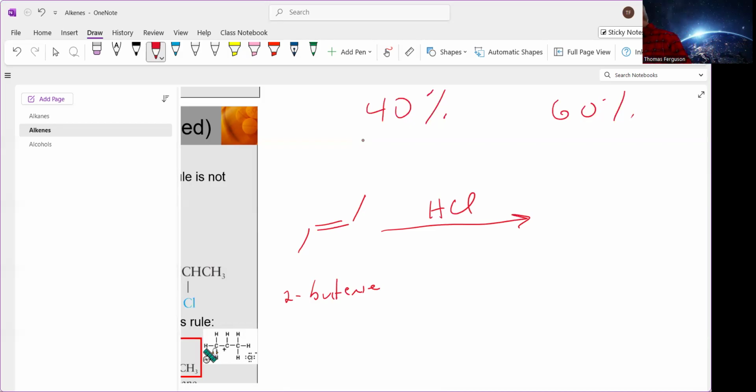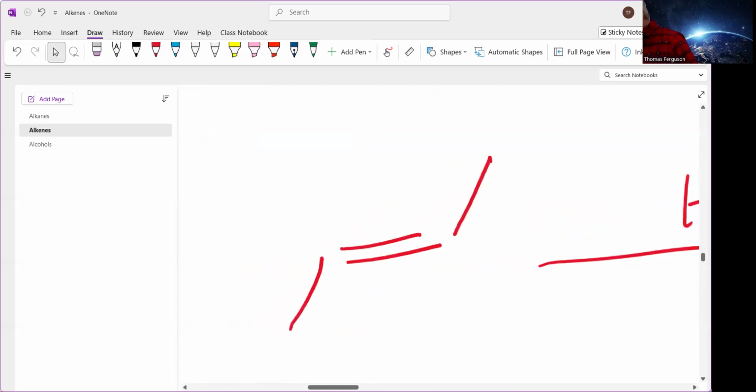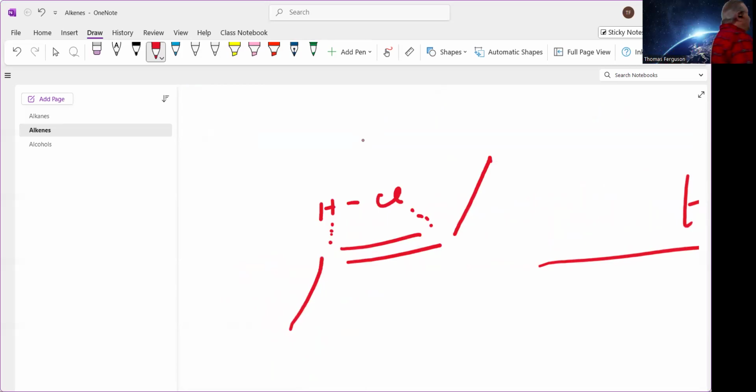What's going to happen is that half the time, HCl is going to be like that. Let's make this more complex.